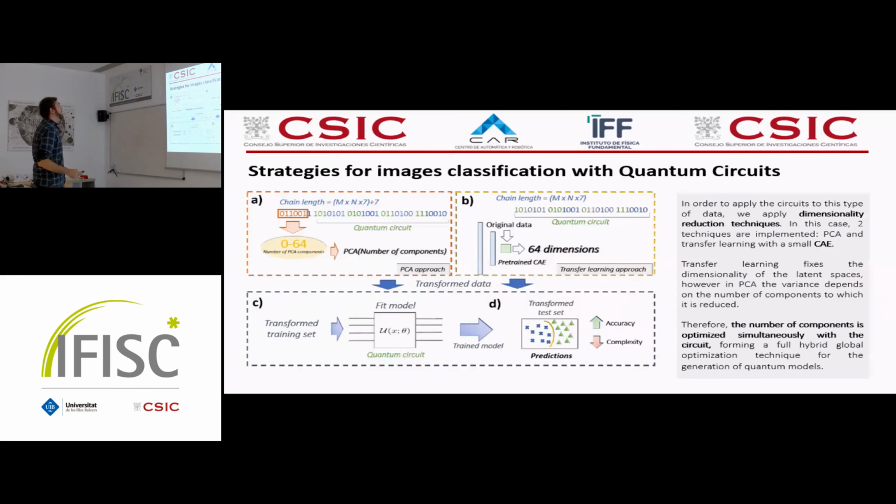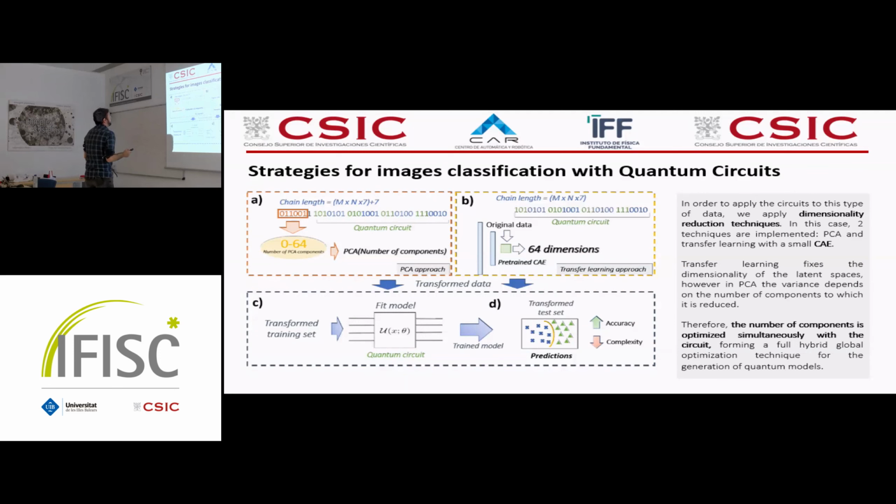So this is a strategy we defined to encode the images in the quantum circuits. We designed PCA with a number of components, and also a convolutional autoencoder. Yesterday we had the talk on the convolutional autoencoder, which is like an autoencoder but with convolutional layers, with the pooling, the padding, and these things.